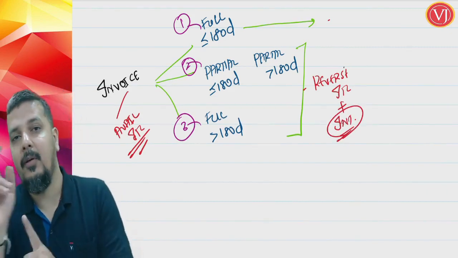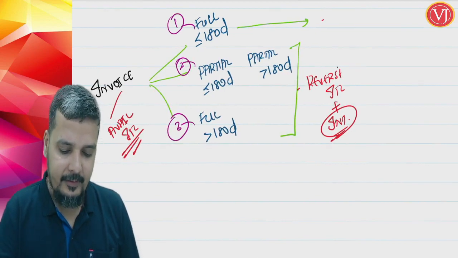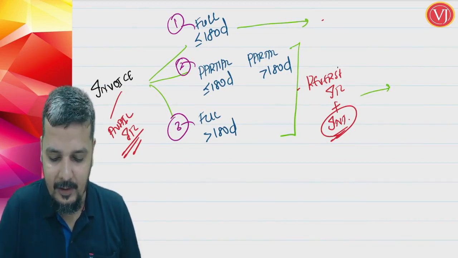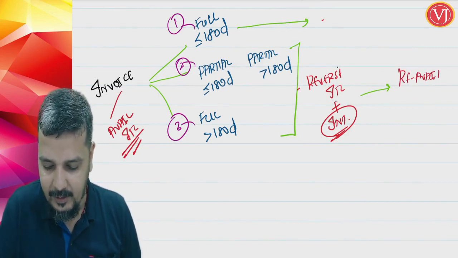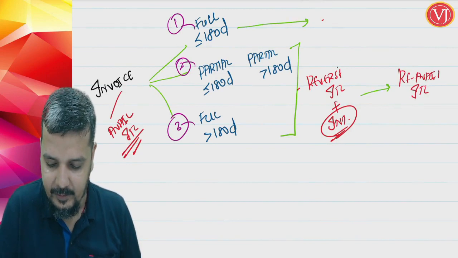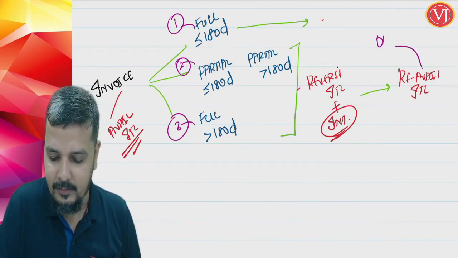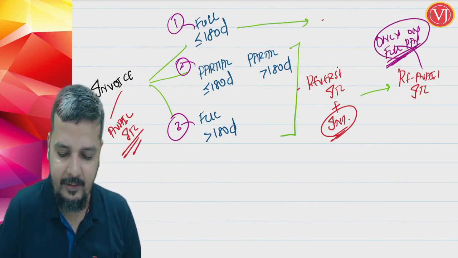Interest computation is now linked to section 50, so you need to see that. And in the second and third cases, you can re-avail ITC only on full payment of value plus tax.